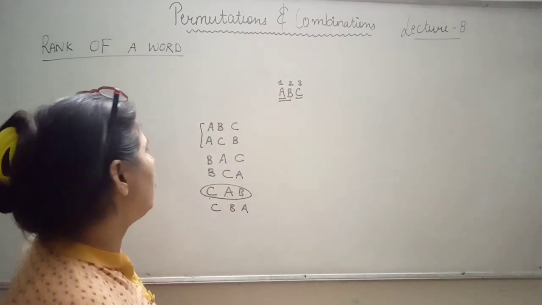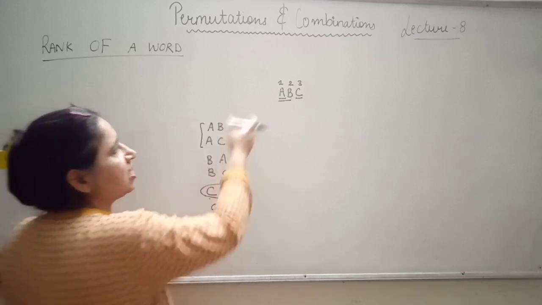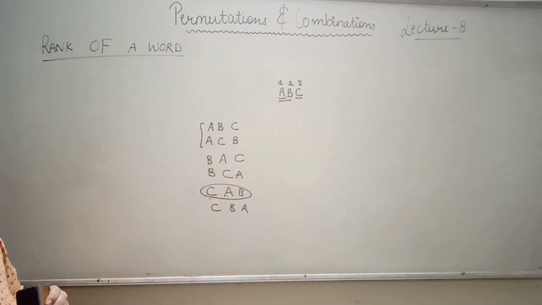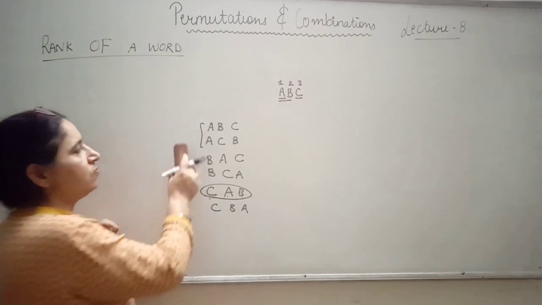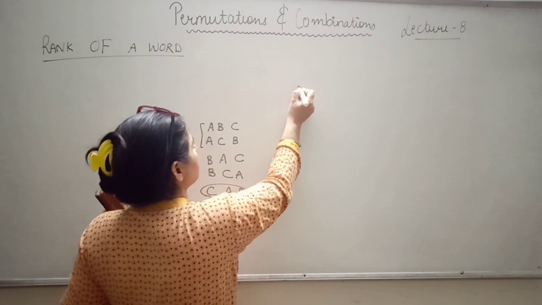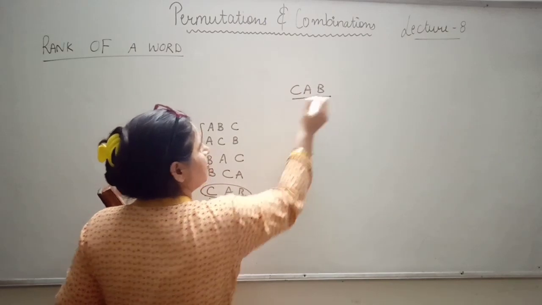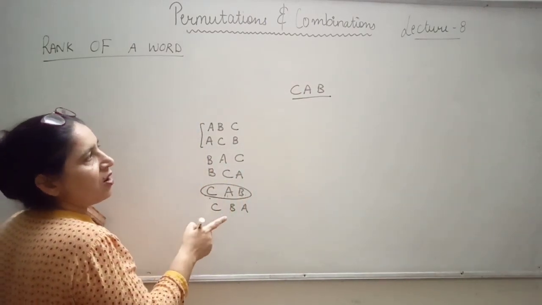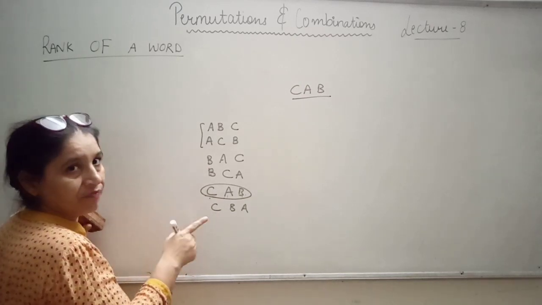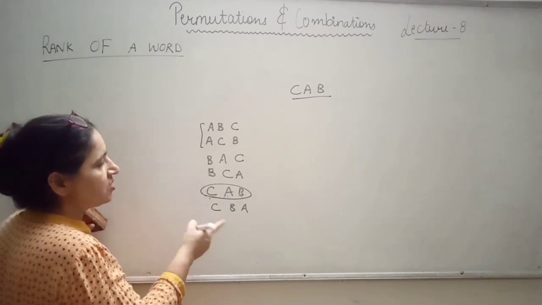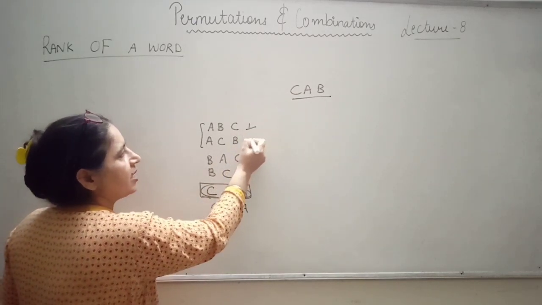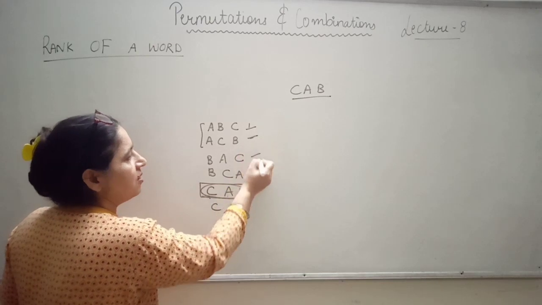So now there were only three letters. You can easily write them and know what the position is. Suppose this is the word CAB. If you are writing according to the dictionary, alphabetically, then CAB is at this position, meaning this is first rank, this is second, third, fourth, fifth.